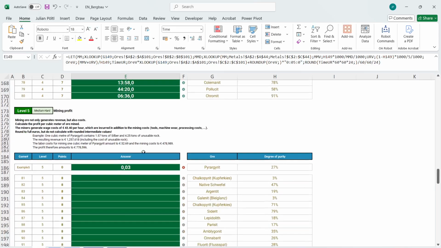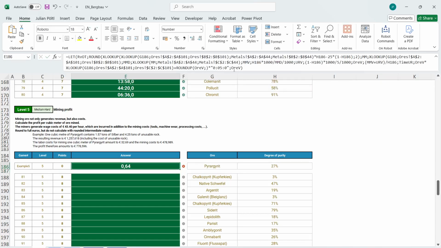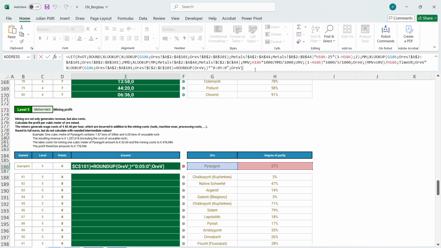and here it's ORV 64, might be the volume to get 1 ton of the main metal.